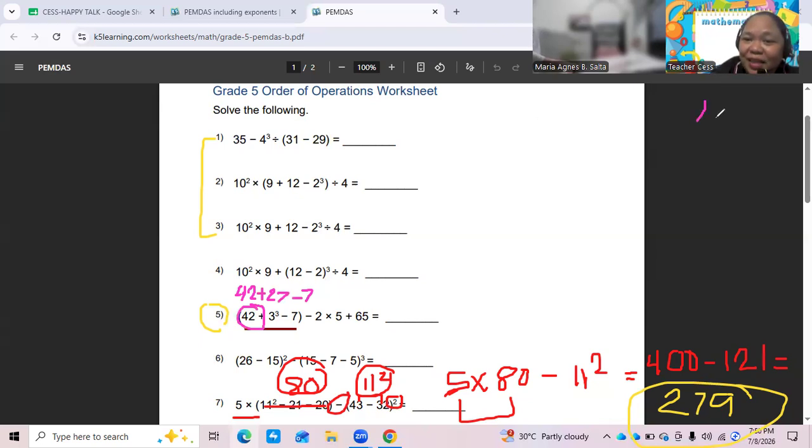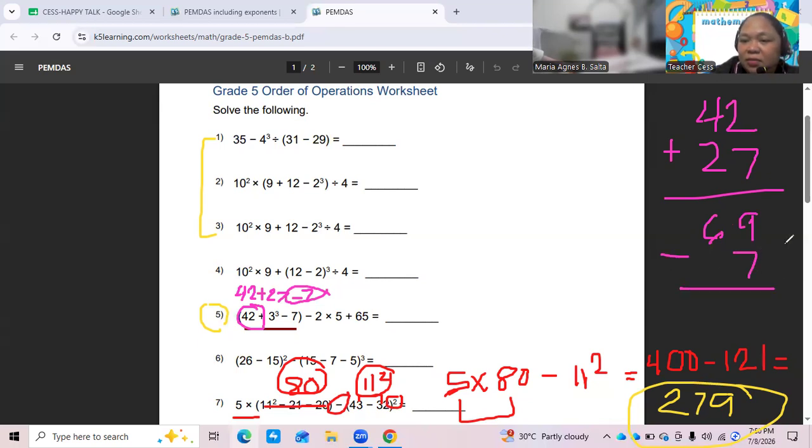Remember that. So 42 plus 27 is 69. Minus 7, we have minus 7 pa. Let's deduct. 62. So meaning this part is 62.